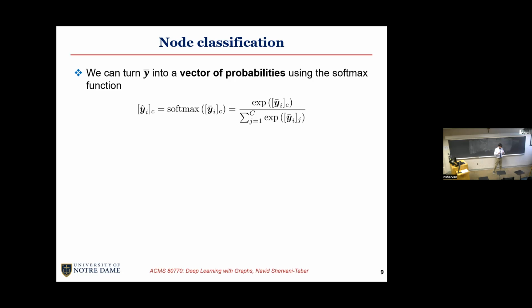So what we want is that our output, which is Z times W, which we are showing using the white bar, should have each element between 0 and 1, and we want all of that to sum to 1. We can do that using a function called softmax. So we take our vector of scores, and we use softmax to turn that vector into a vector of probabilities.